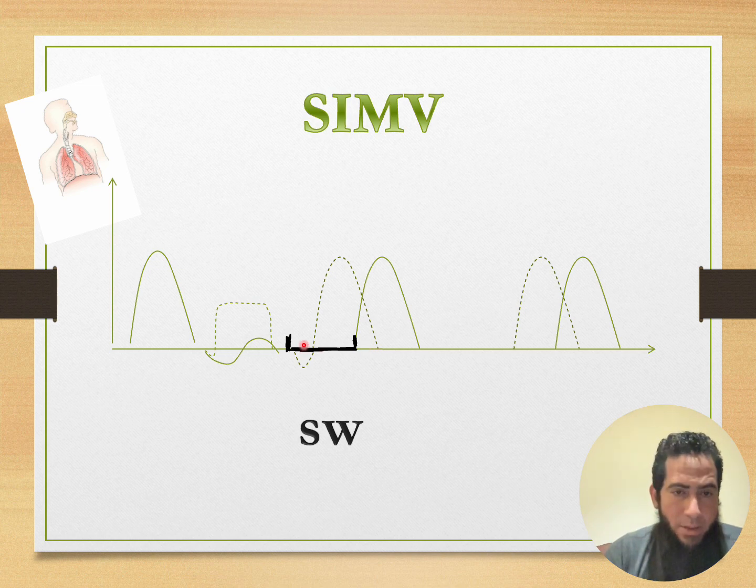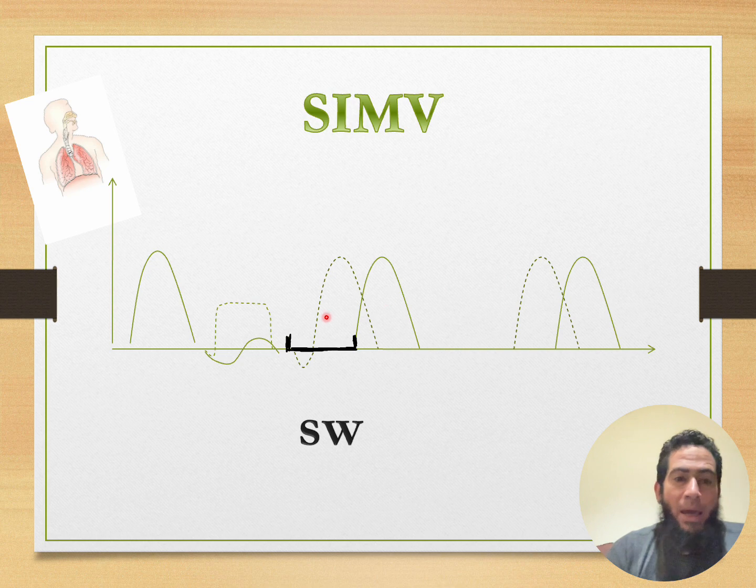For example, if a spontaneous breath starts here, it will be fully assisted, and the next mandatory breath will be omitted, removed, and the interval will be reset. So this one will be moved here, so the interval between this mandatory and this mandatory will remain the same.